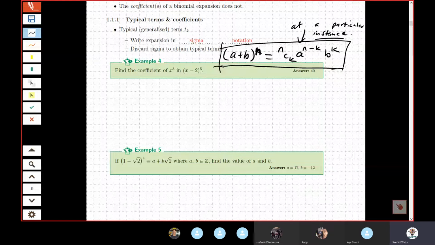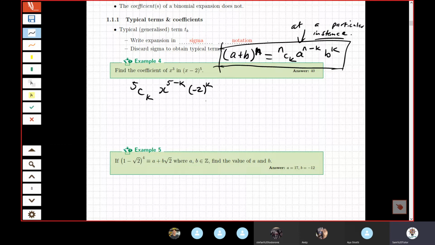N choose k, so it's going to be 5 choose k. We don't know what k is. We know that a, or x in this case, to the power of n minus k, 5 minus k, and then multiplied by negative 2 to the k. So we don't know what k is.